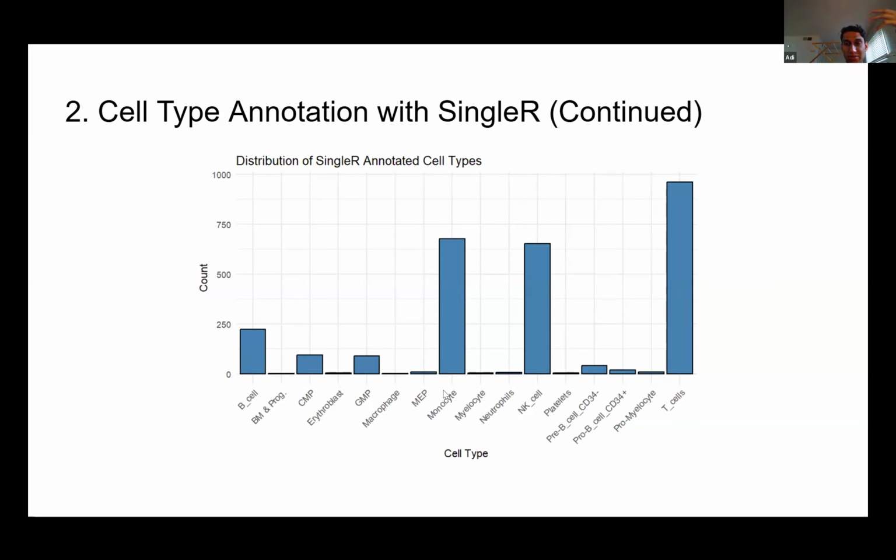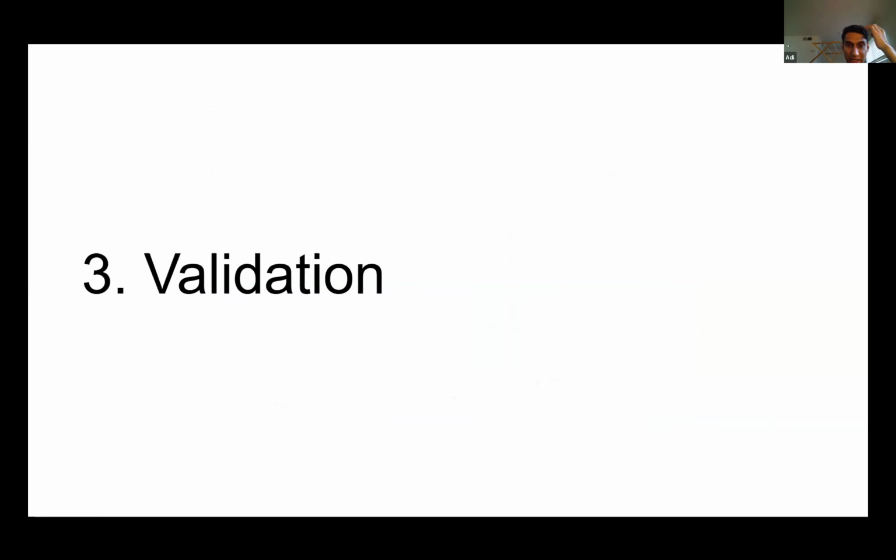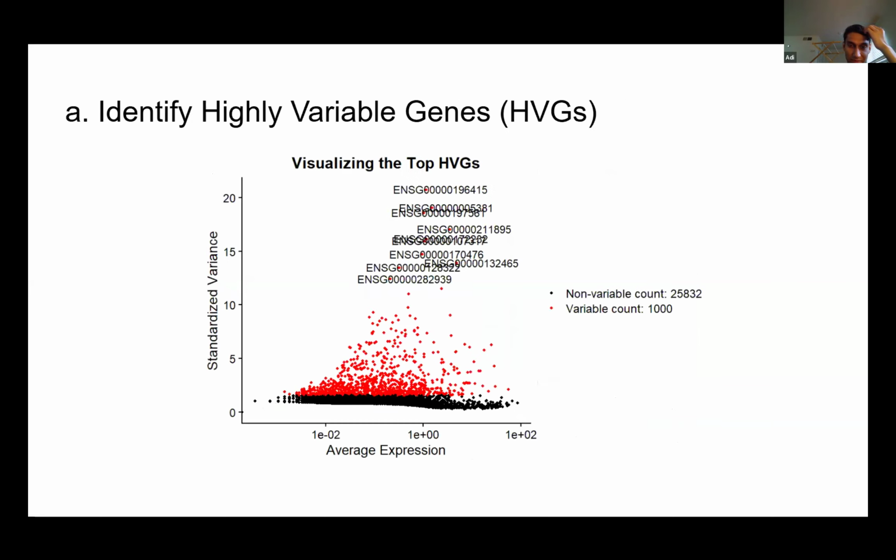So we know that there are around 7 or so that are prevalent. The rest might be due to noise or some artifact, and that's where the validation comes in. After the normalization and scaling, we look at the top 1,000 highly variable genes or features I chose, and I labeled the top 10 here.